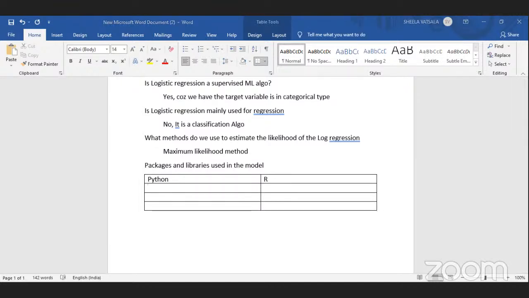Can you think of any libraries you have come across and applied? Anyone who can answer this? Packages and libraries that are applicable for logistic regression in R and Python.